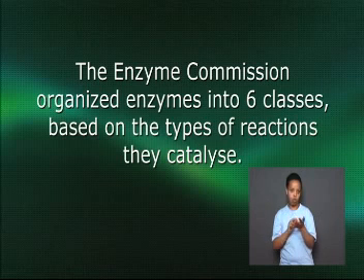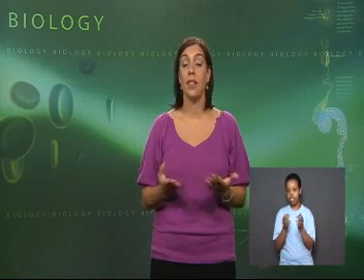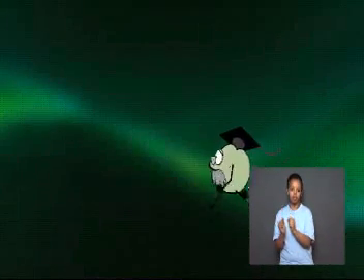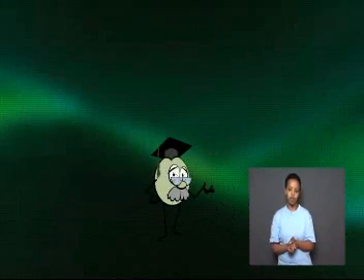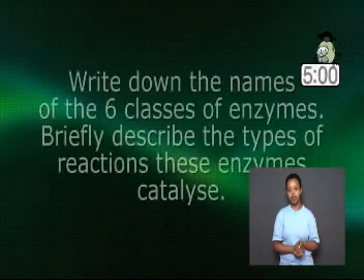There are 6 classes of enzymes in this system of nomenclature. Do you recall them, students? Please work together with a classmate. Write down the names of the 6 classes of enzymes and a brief description of the types of reactions they catalyze. You may begin. Students, let's get ready. Begin.